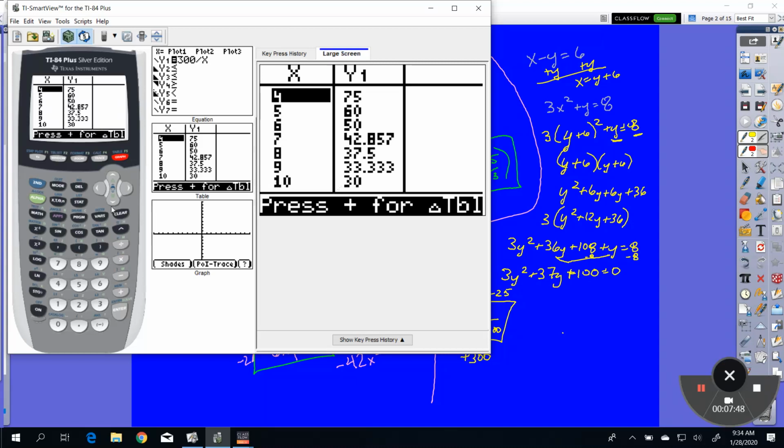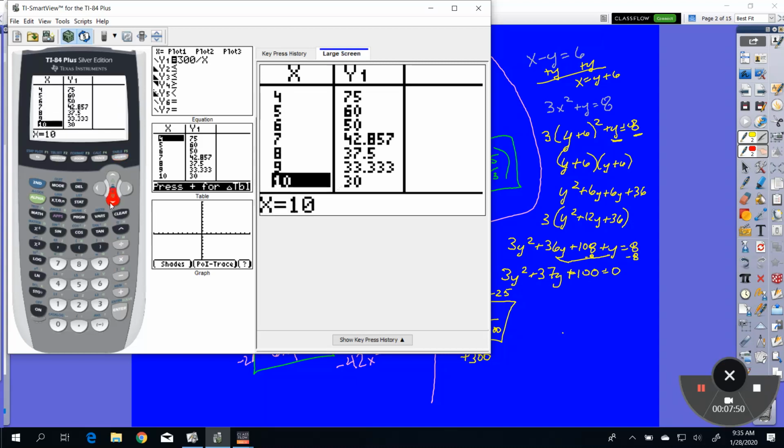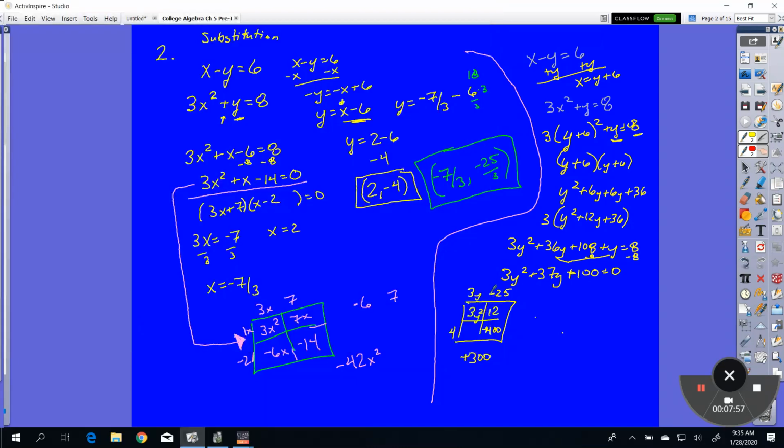That's 40. The 10 and the 30 make 40. 12 and 25 make 37. So there we go. 12y and 25.